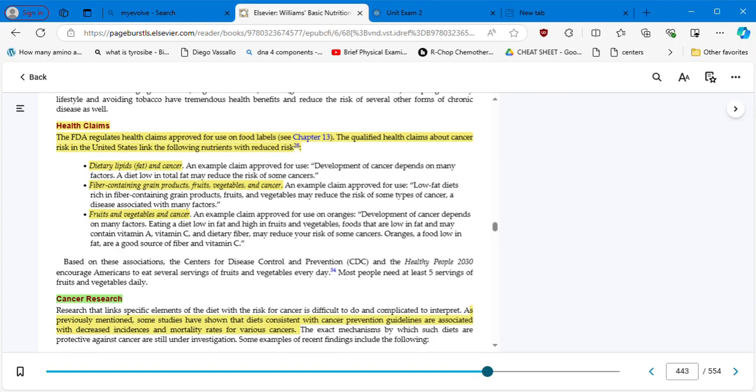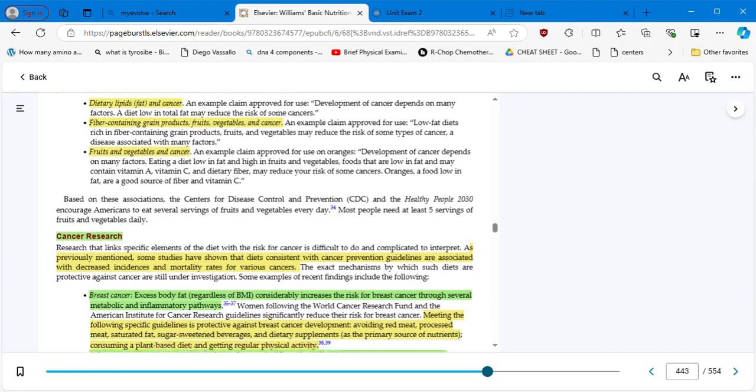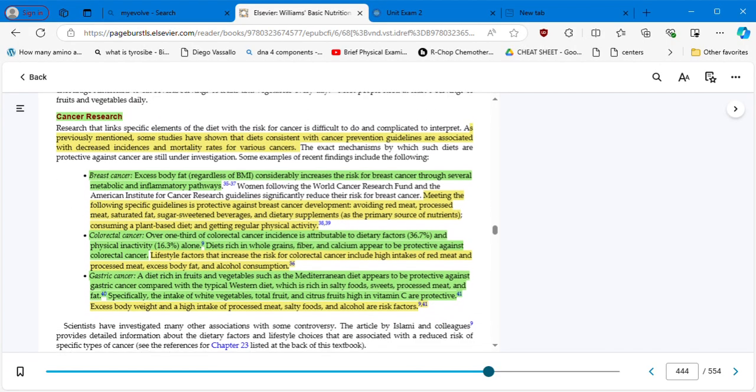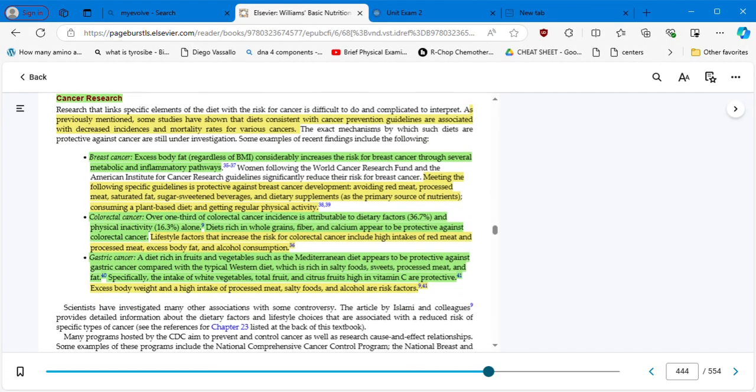So we have the health claims, and we spoke about this in the previous chapters about the dietary lipids, the fiber containing grain products, and the fruits and vegetables, and cancer. Cancer research, right? As previously mentioned, some studies have shown that diets consistent with cancer prevention guidelines are associated with decreased incidence and mortality rates for various cancers.